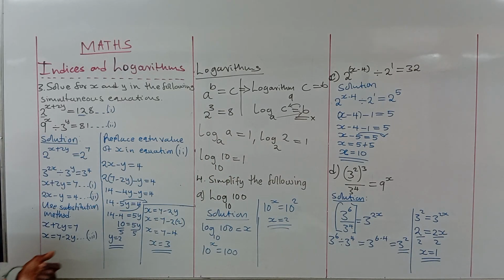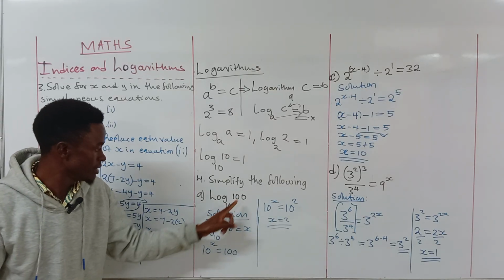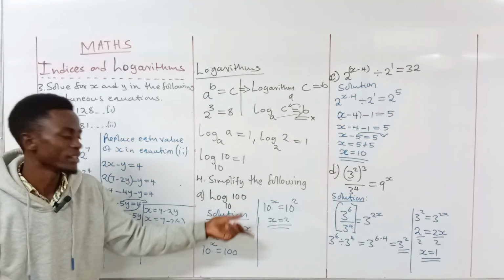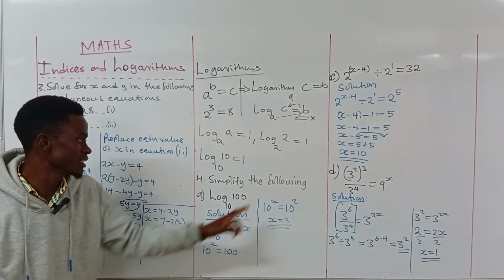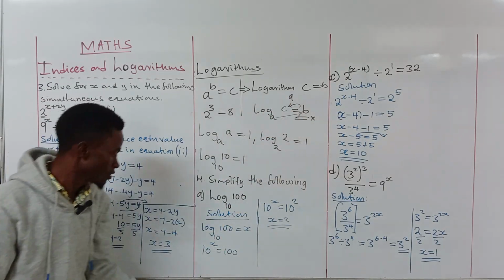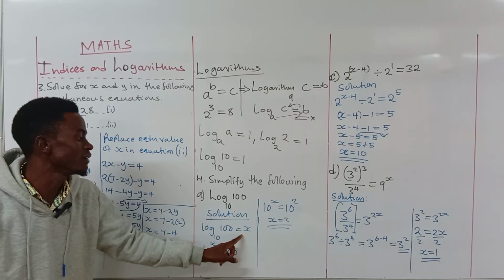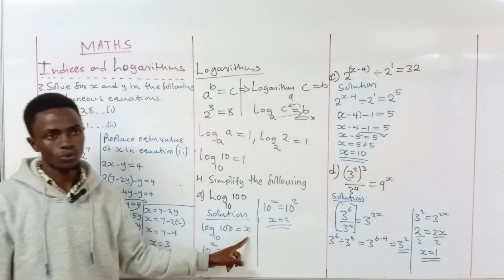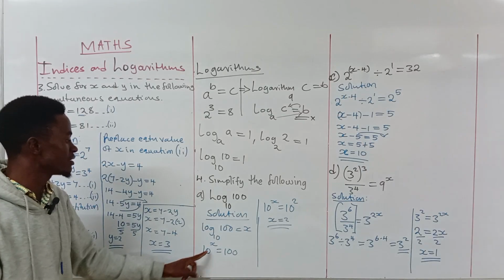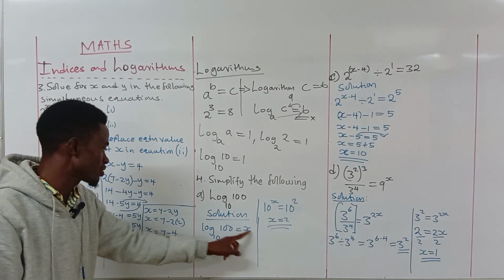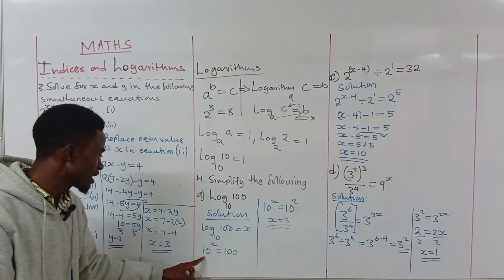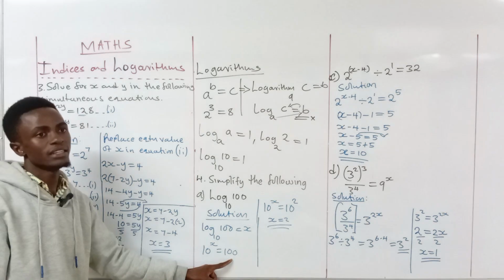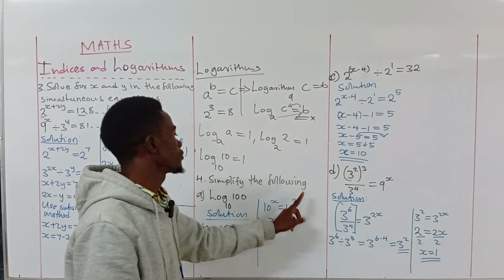I want to repeat again. Log 100 base 10 can be solved, and we are going to find the answer by equating it in a logarithmic nature. So log 100 base 10 is going to give us an answer which is x. It means that 10 raised to power x is going to give us 100, and 100 can be written in index form, which is 10 power 2.